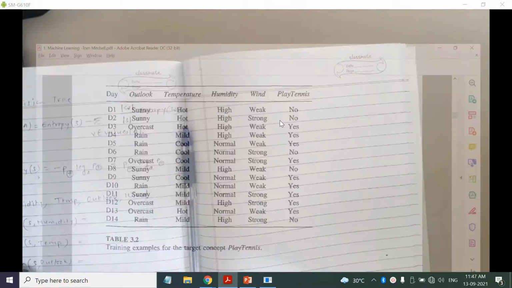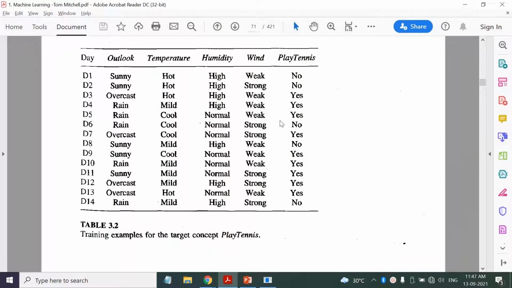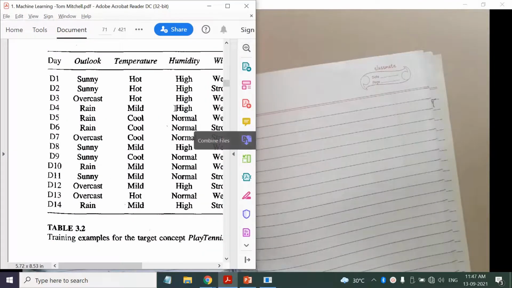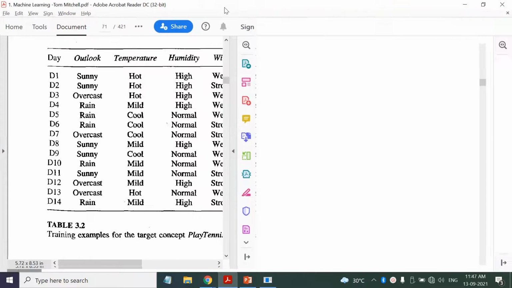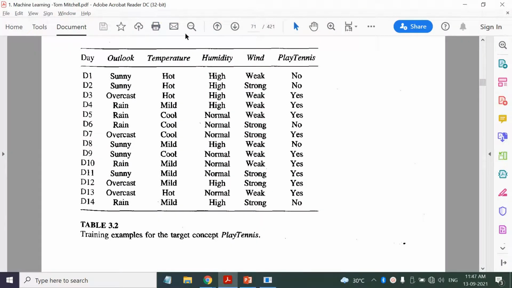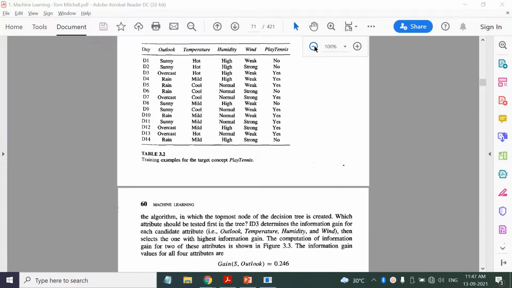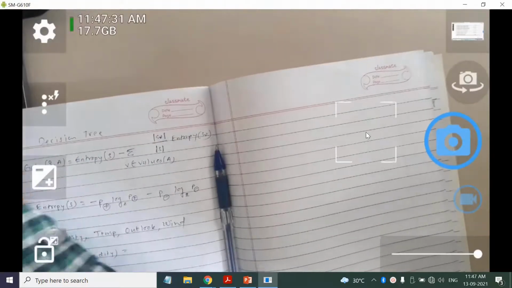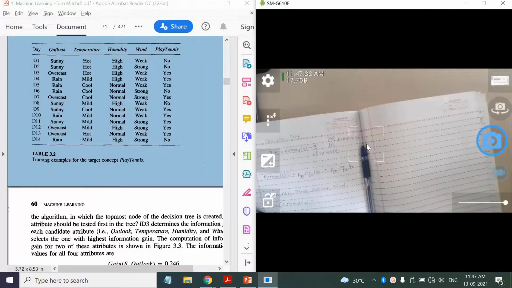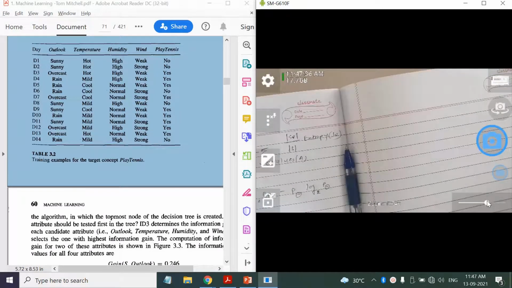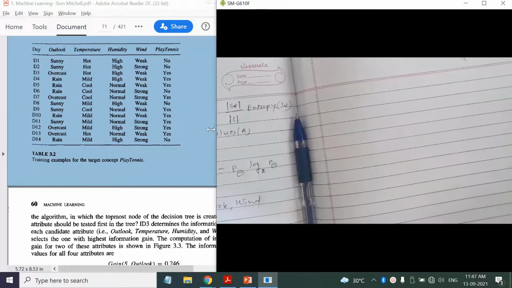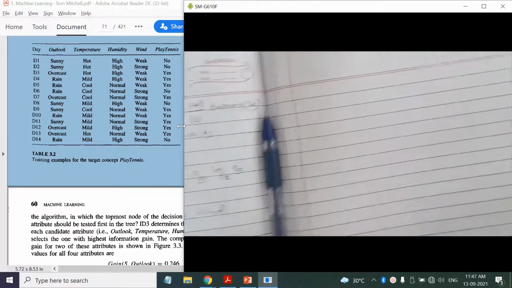So we need the examples. This example is from the Tom Mitchell book.